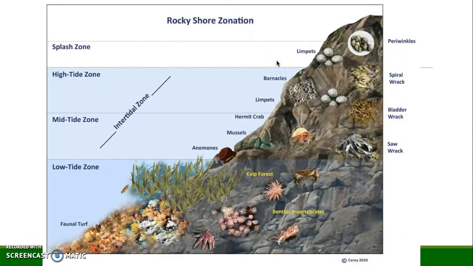Then this is similar to what we saw in our class activity, so looking at our low tide zone, our intertidal zone, our splash zone. I don't totally agree with this diagram actually, because really, our intertidal zone should be between our low tide and our high tide.